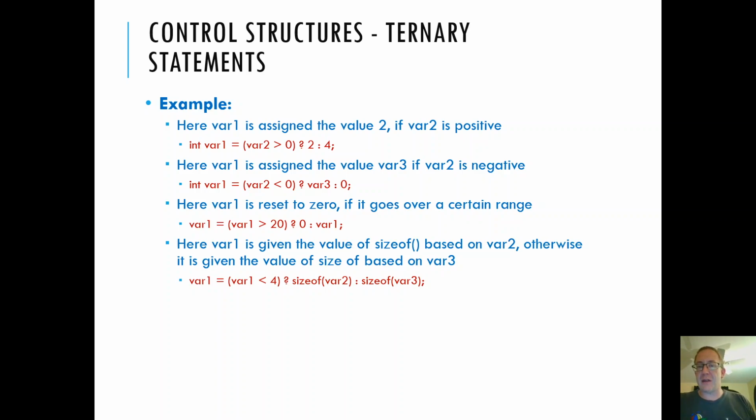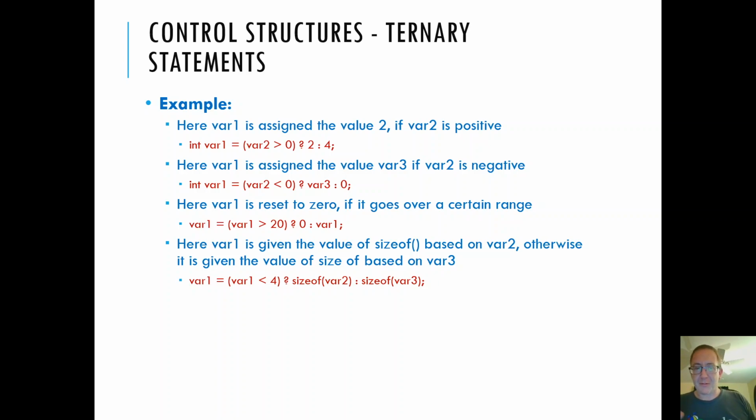var1 is reset to 0 if it goes over a certain range. So if the value is greater than 20, I'm going to make it 0. Otherwise, I'm going to keep it as it is. So the maximum value you can have is a 20, and you say it's 21. Nope, you get a 0 now, right? If I don't give any bonus points and magically somehow your grade is 102%, okay, well, that would be a bad policy, but I give you now 0 on the course.